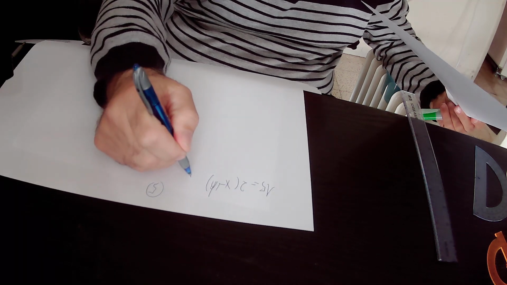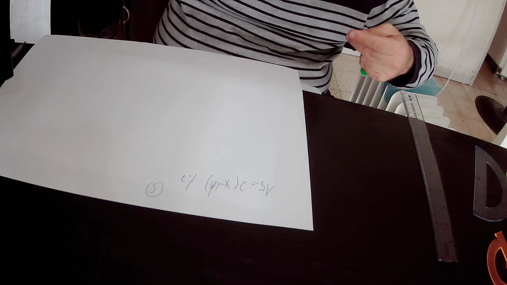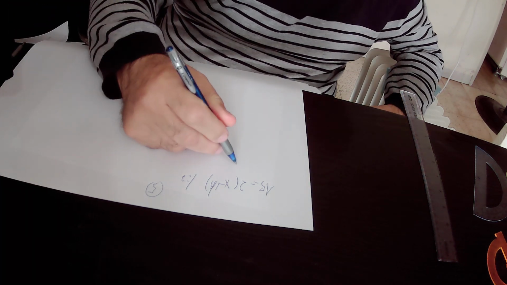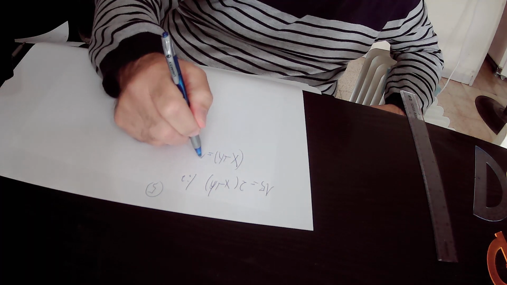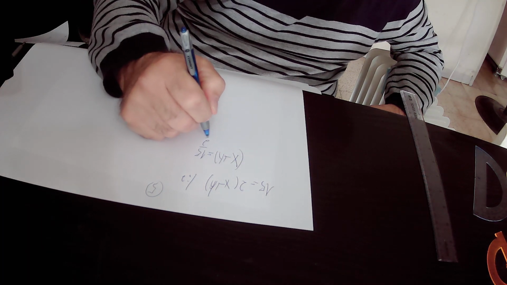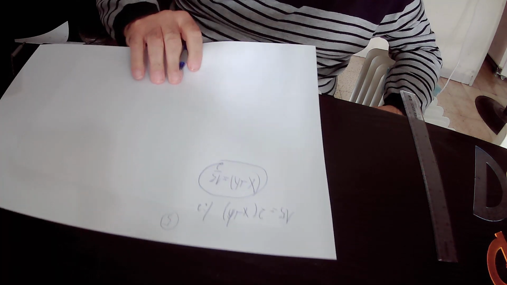Here we divide this equation by 2, and finally we get that x plus h equals 15 over 2.